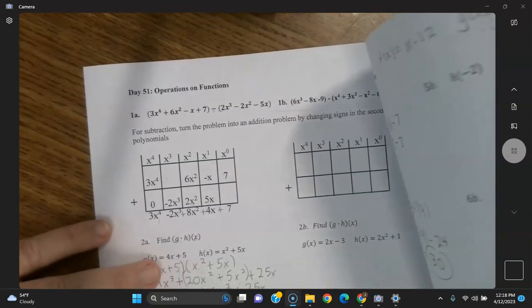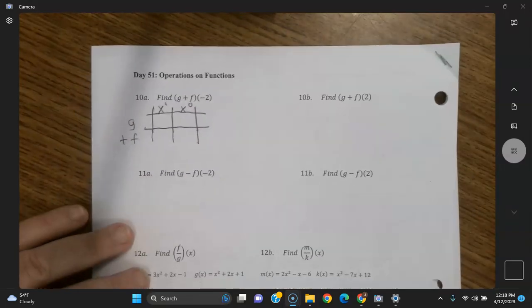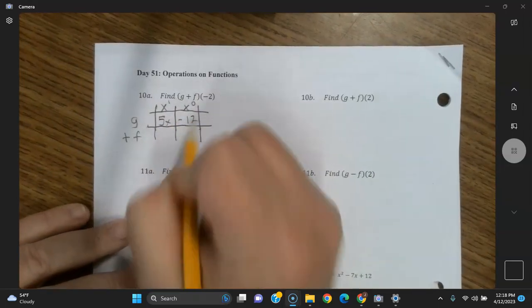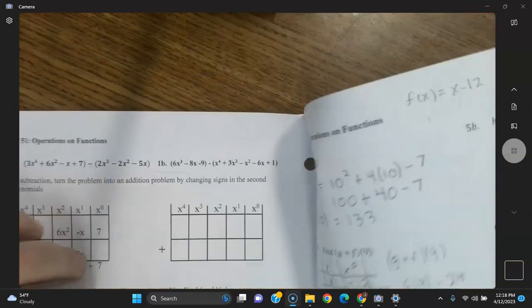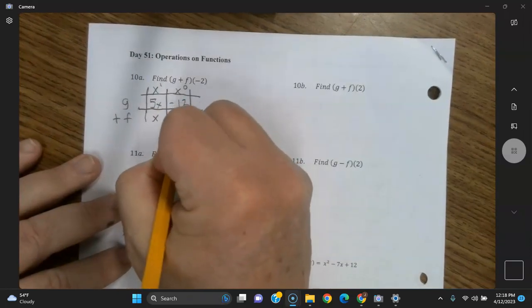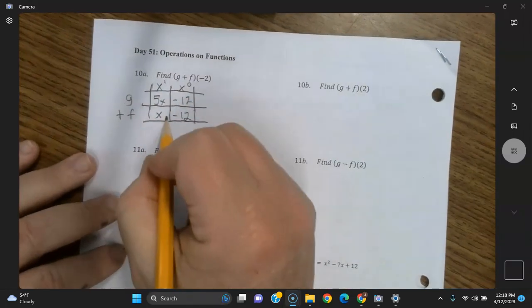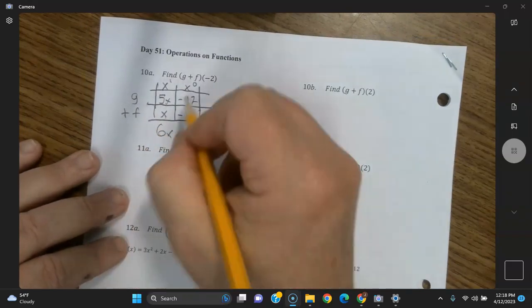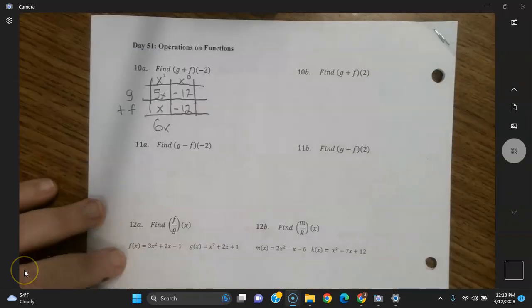So g is 5x minus 12. And f, we come back here, is x minus 12. Okay, and I'm going to add those.